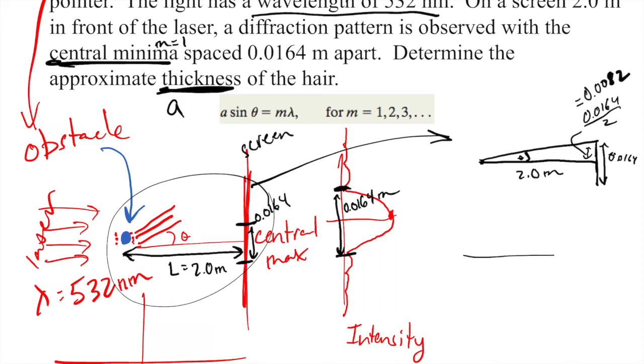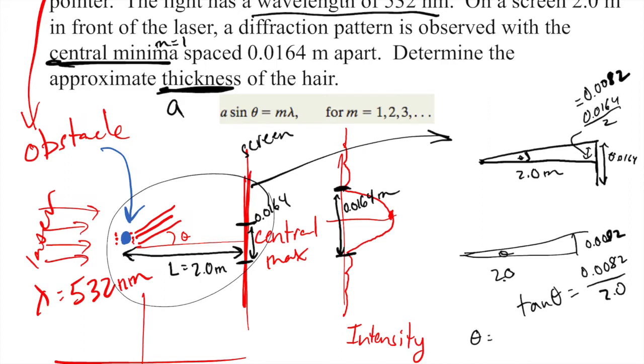So I have a triangle with theta, 2.0, and 0.0082, and then we have to figure out whether this is sine, cosine, or tangent. We're going to have tan of theta equals opposite over adjacent, so 0.0082 over 2.0.